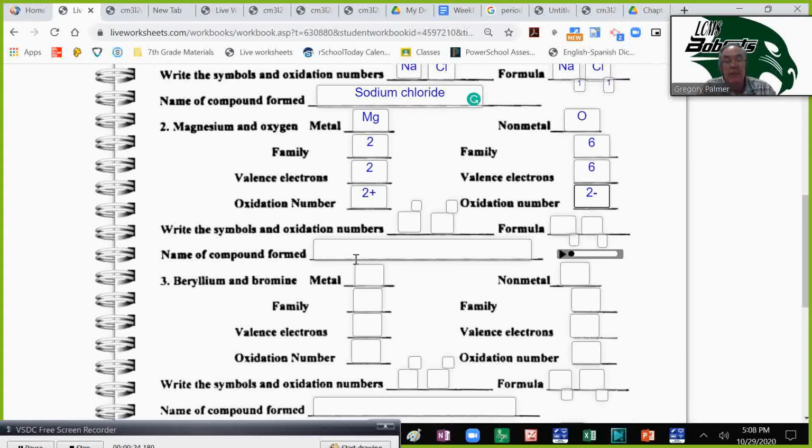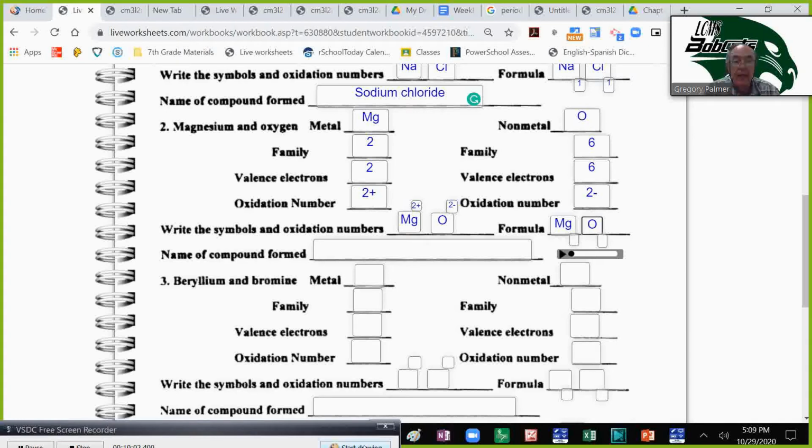So now we're going to write the symbols, Mg, with its oxidation number 2 plus, and O with its oxidation number 2 negative. Now we're going to write the formula. So we're going to use the same symbols, Mg and O. Now remember, when these combine, they're combining so that they make a zero compound.